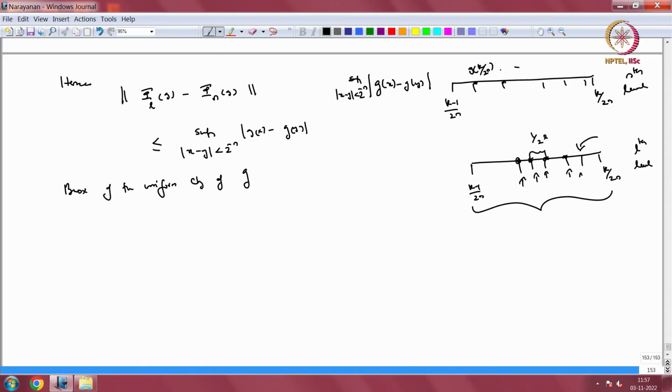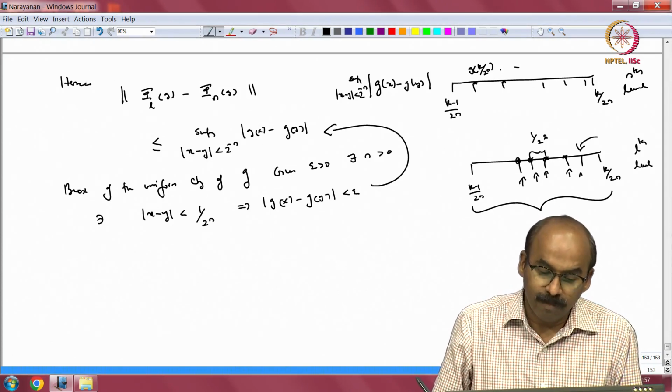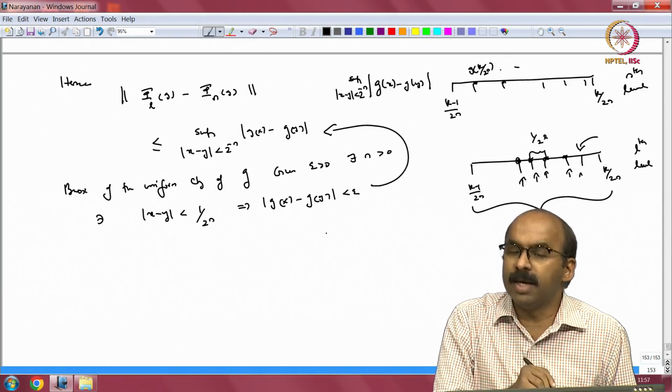So, because of uniform continuity of g, given epsilon positive, there exists n such that |x minus y| less than 1/2^n implies |g(x) minus g(y)| less than epsilon, right. So, apply that here, this will tell me that |x minus y| less than 2^(-n) implies g(x) minus g(y) is less than epsilon, right.